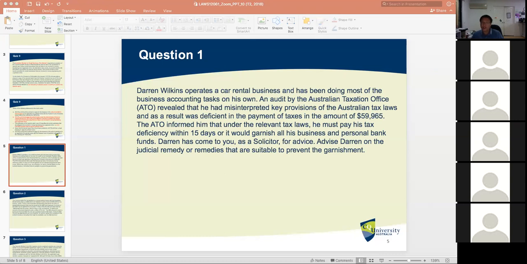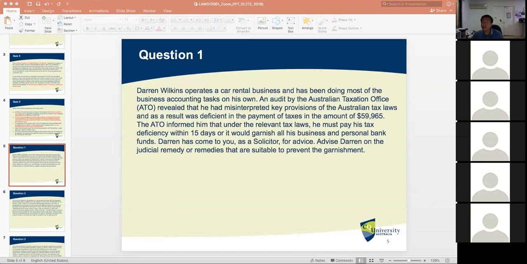The second question we need to ask is: is the officer exercising his powers under an enactment, or is he perhaps exercising his powers on the basis of an inherent executive power? Okay.